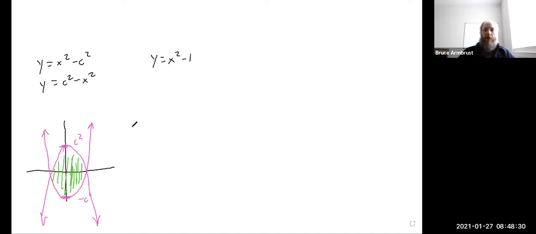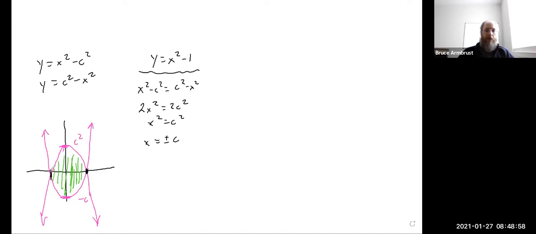All right, well, if we're going to figure out where they intersect, we're going to do the same thing that we did before, which was set these guys equal to each other. So we'll take x squared minus c squared and set that equal to c squared minus x squared. Moving things around, I get 2x squared equals 2c squared. So x squared equals c squared, which tells me that x is plus or minus c.